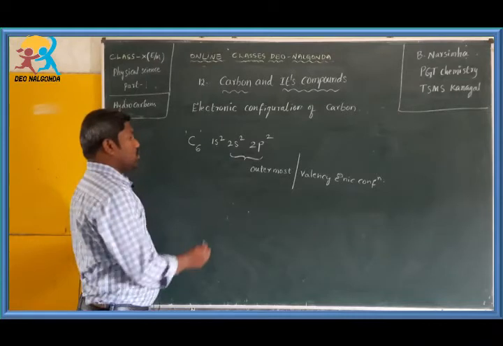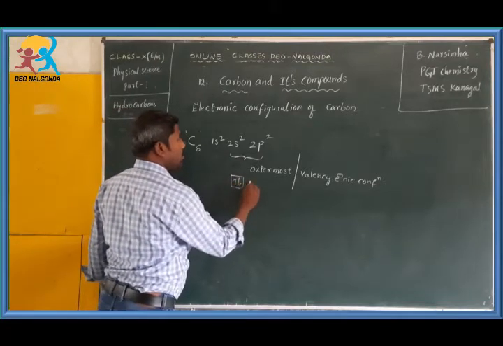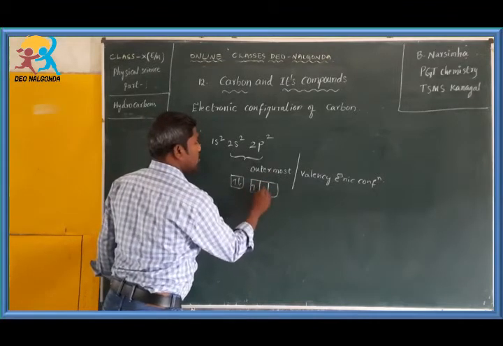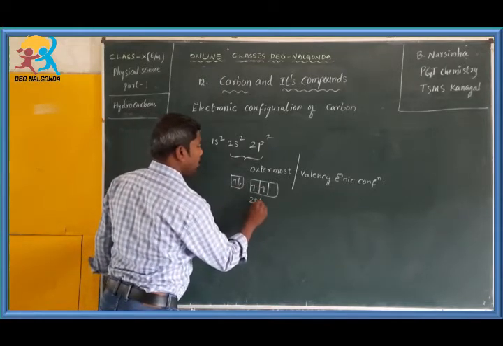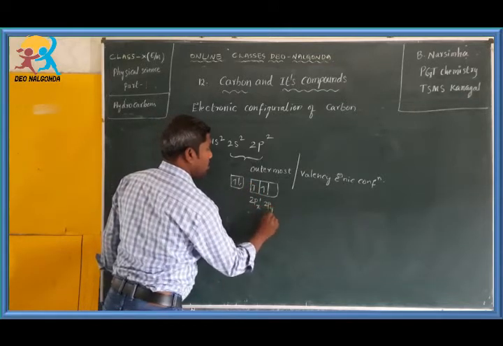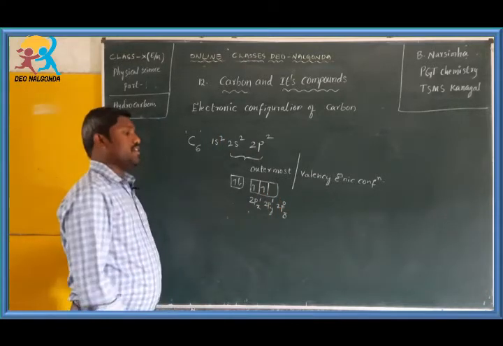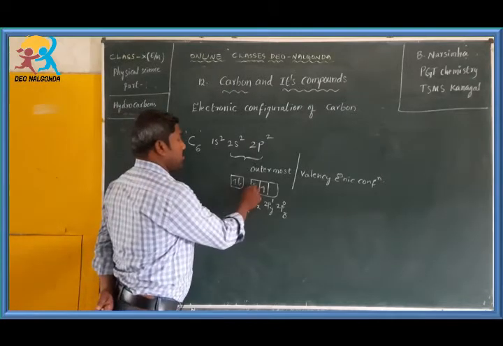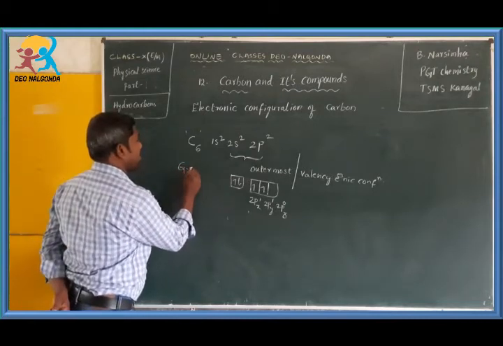In this, 2s contains 2 electrons and 2p contains 2 electrons: 2px1, 2py1, 2pz0. There are no electrons in 2pz. Therefore, in the 2p subshell there are 2 single electrons in the ground state. This is the ground state electronic configuration.